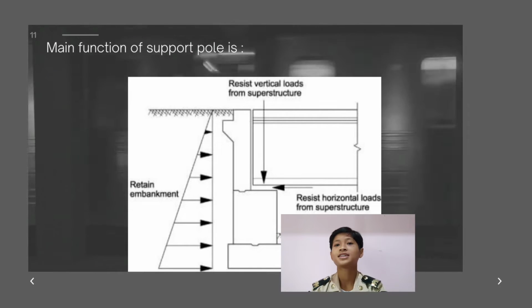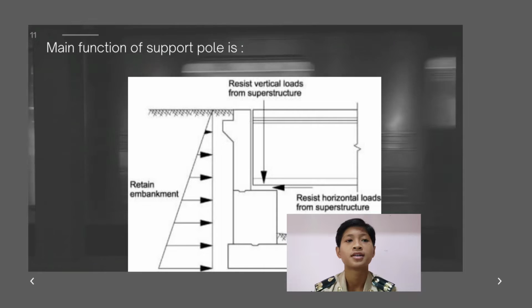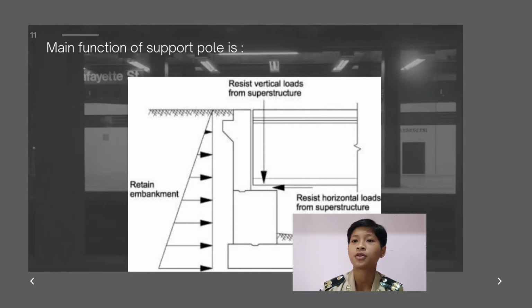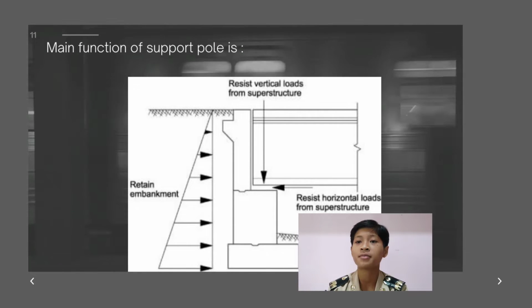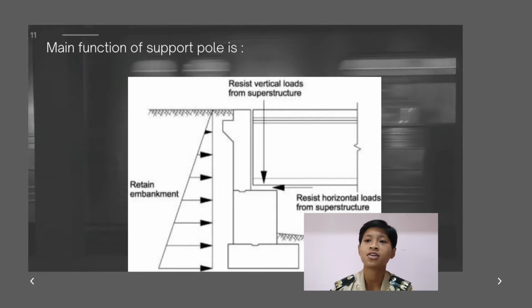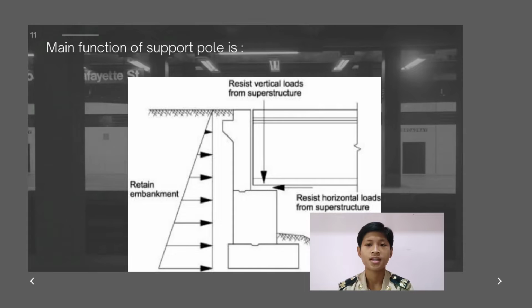And this is the main function of the support: first, to resist vertical loads from the superstructure; second, to retain the embankment; and third, to resist horizontal loads from the superstructure.